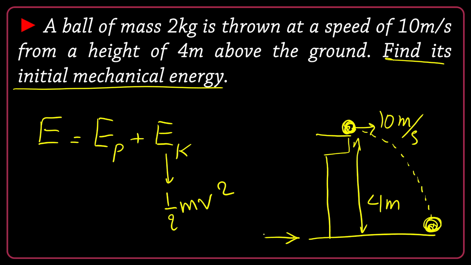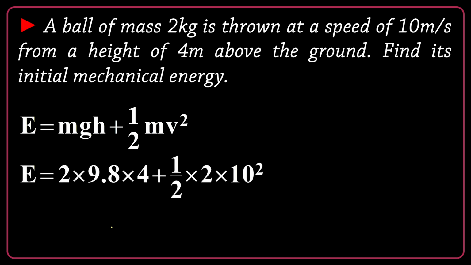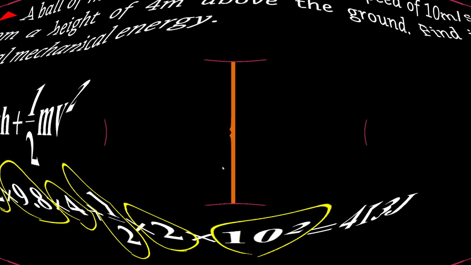So I take it here. So in potential energy, when I write mgh, the height is the altitude relative to the ground. It's 4 meters here. So let's plug in the values and we will get 413 joules. Here I have mass, the gravitational acceleration, height, and a half of mv squared.